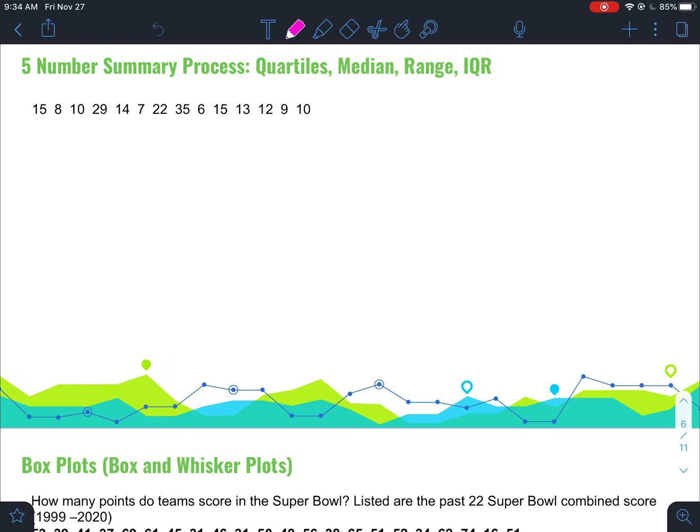So our first step to create a box plot is we're going to take our data and put it in order from least to greatest. So the smallest number out of all of our data looks to be 6, and then we have a 7, so 6, 7, and then we have an 8 and a 9, and then it looks like we have 2 10s, and then we have a 12, a 13, and oops, we missed a 14.